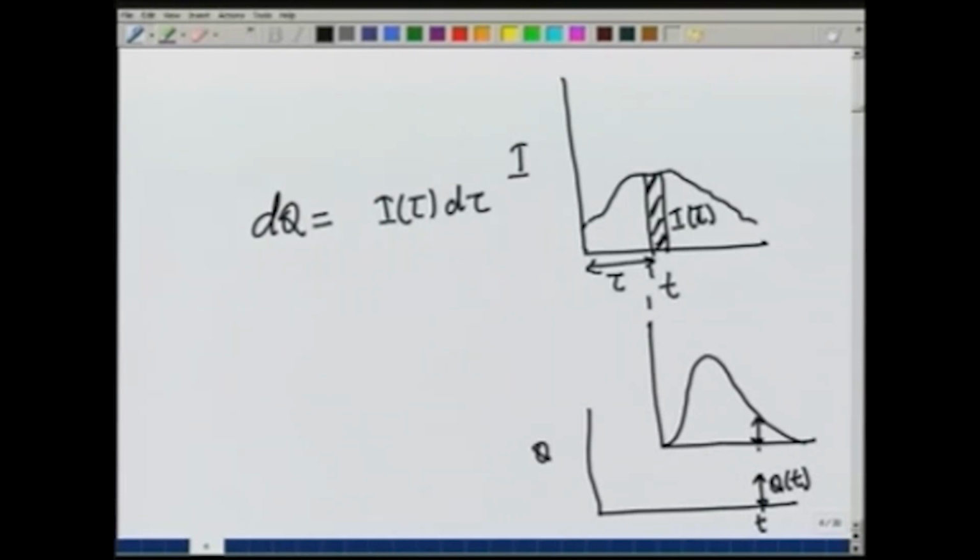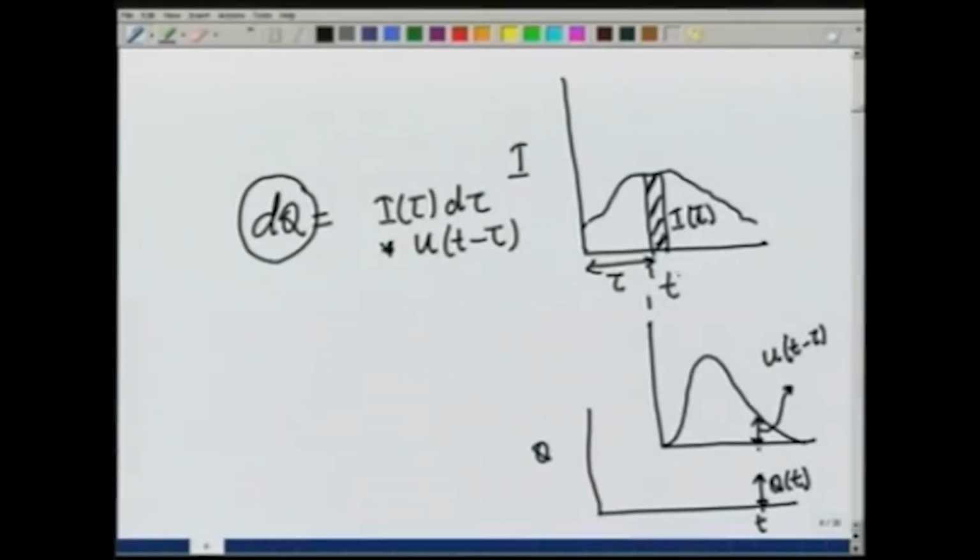So, this ordinate is nothing but u t minus tau. So, if you look at this dq, dq is the direct runoff due to this small strip of rainfall occurring over the entire catchment.